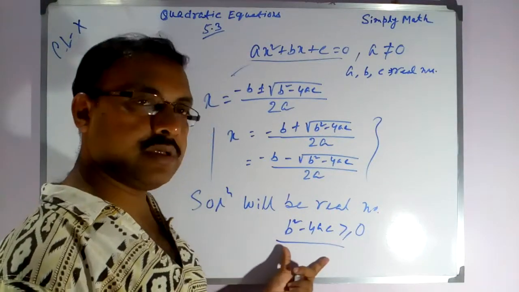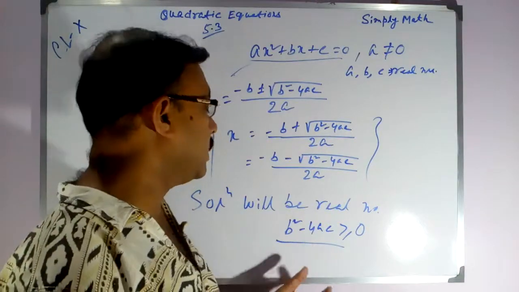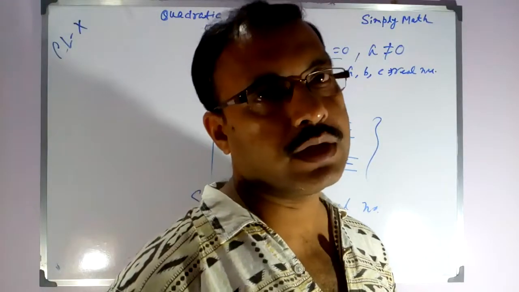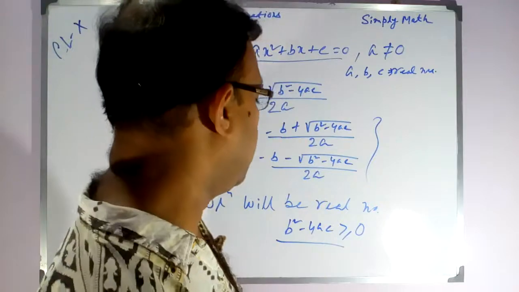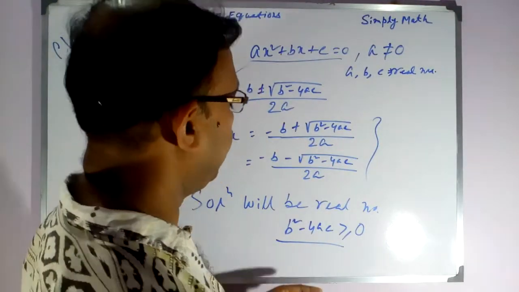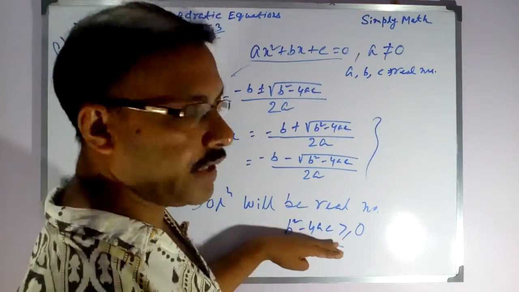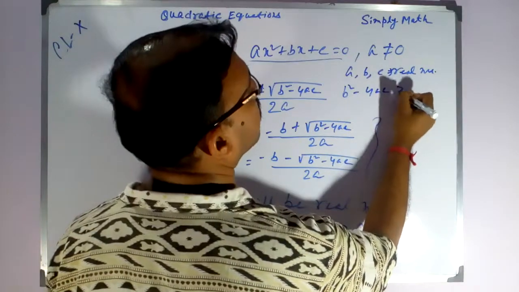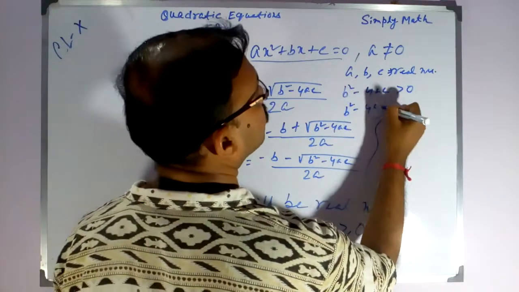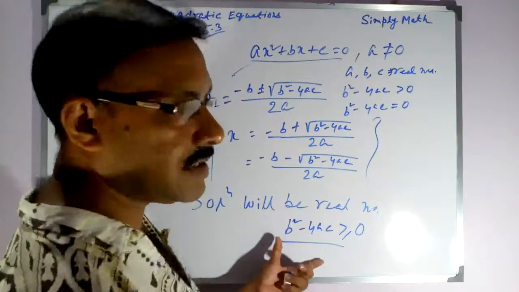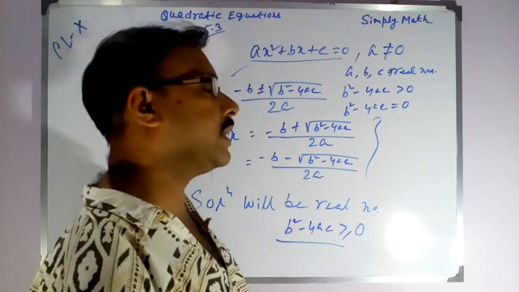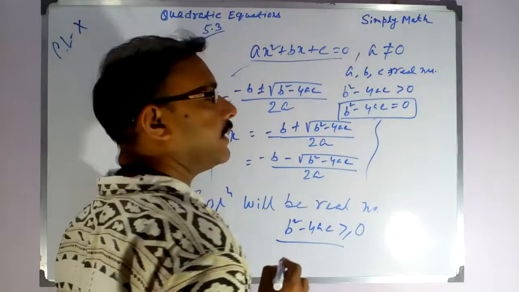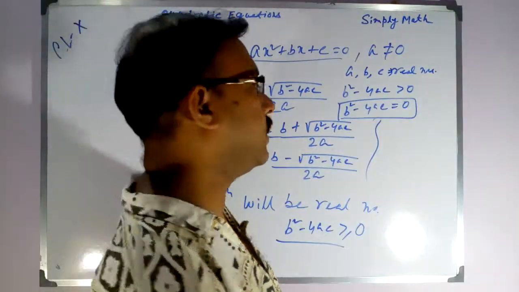So keep it in mind: if b square minus 4ac is greater than or equal to 0, then we will get real number solutions. Here there are two conditions. One is b square minus 4ac greater than 0, and the other is b square minus 4ac equal to 0.